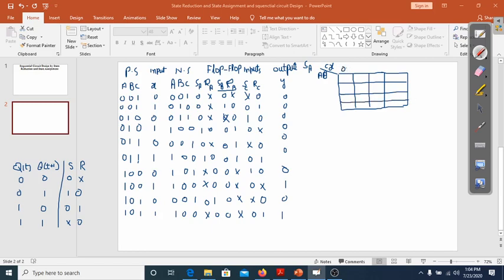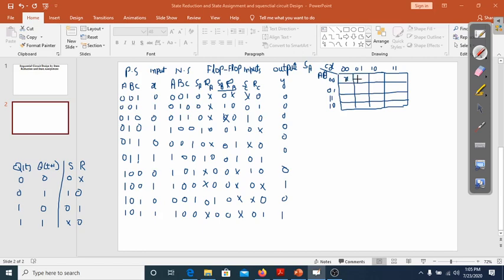C and X are 00, 01, 10 and 11. AB has 4 combinations: 00, 01, then 11 and 10. For 001 we have a don't care.